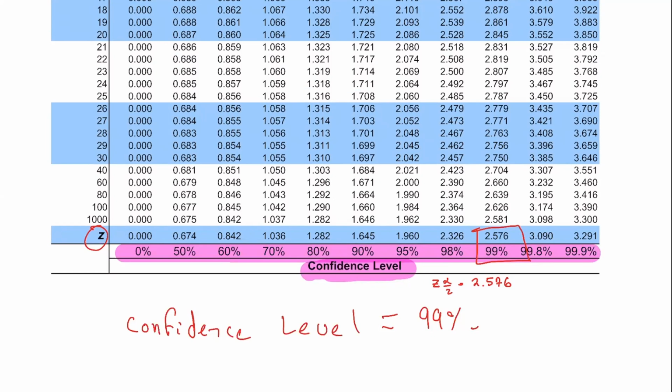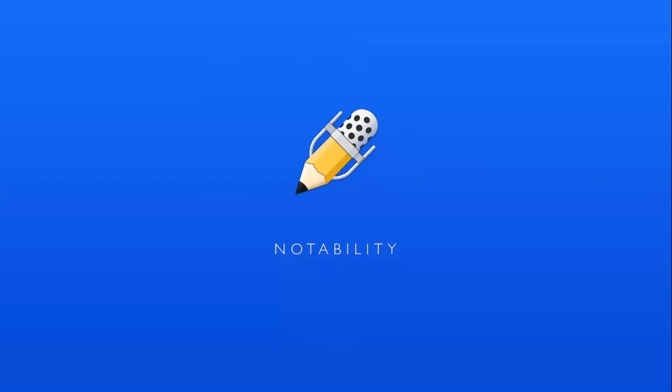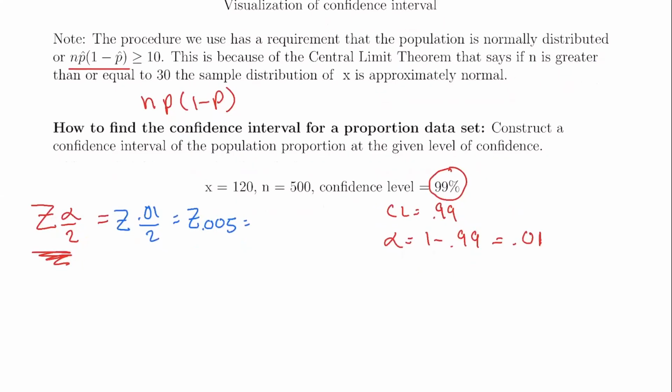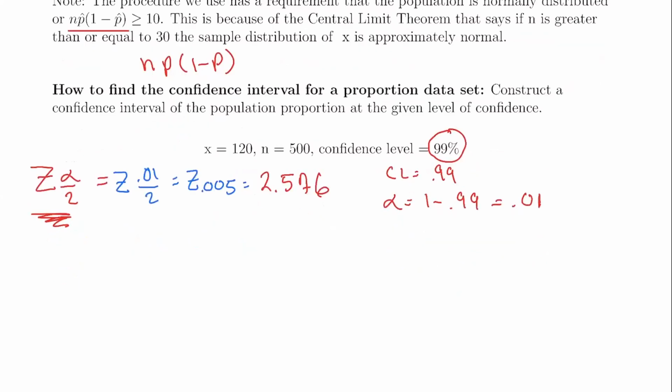Okay, so let me go back to the notes. So we say 2.576. All right, so that's our Z value. So up next, we're gonna get the point estimate. So we're gonna get what P hat is equal to. So P hat is equal to X divided by N. So X is 120, N is 500.